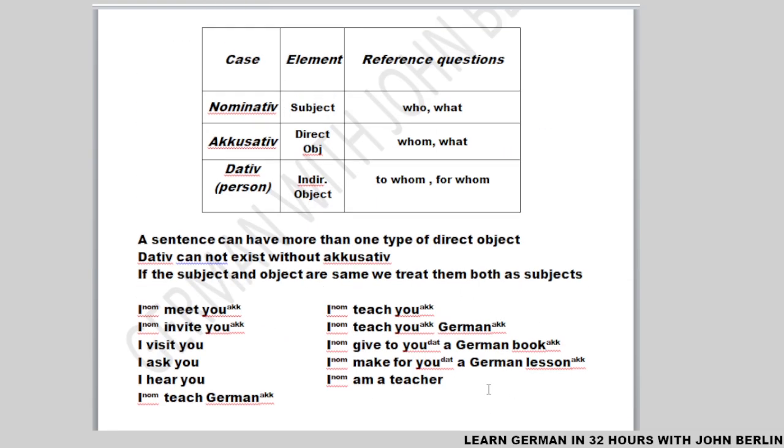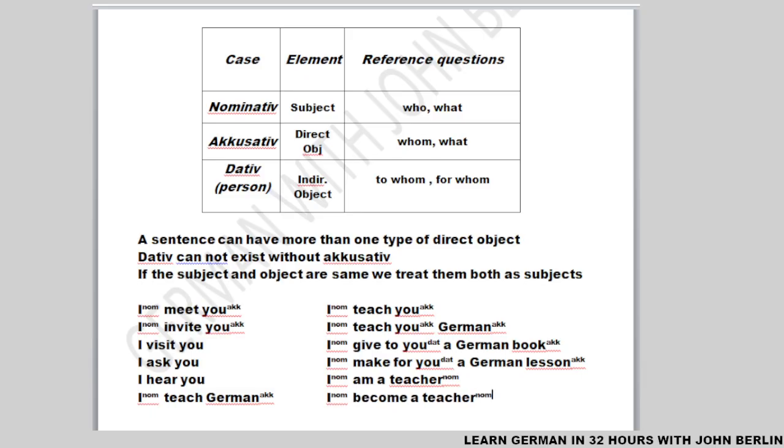So I is nominative as well as teacher is nominative. Perfect. So there are a few more sentences where you could actually get a similar result. You could say, I become a teacher. Okay. In this case as well, I and teacher is the same person. I is nominative as well as teacher is nominative.